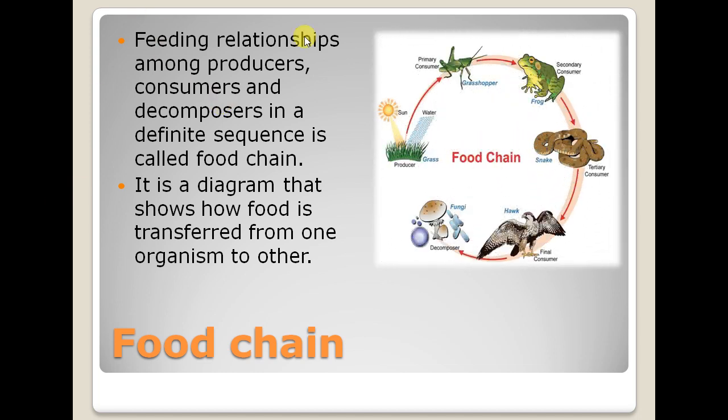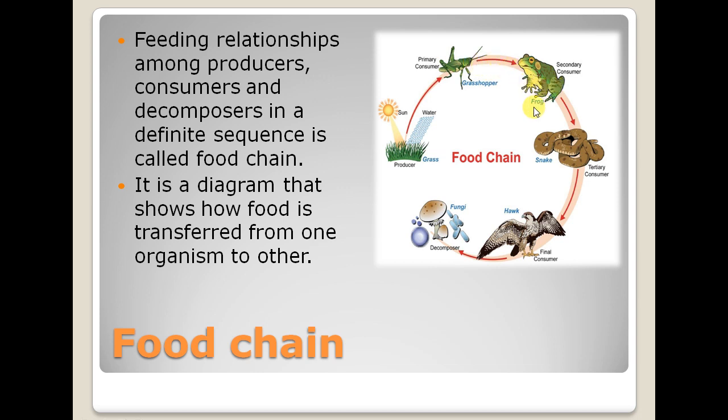If you see over here, in the food chain, the first are producers. Producers prepare their own food with the help of water and sun, and then the food or the nutrients are passed on, or we can say they are fed upon by the grasshopper. That means the grasshopper feeds on the producer. You can see over here it is the primary consumer. Then the secondary consumer feeds upon the grasshopper.